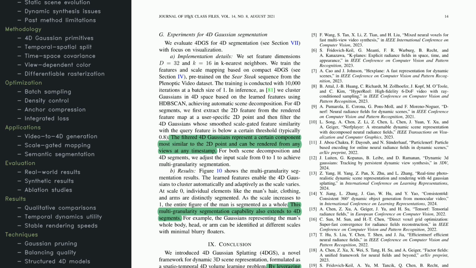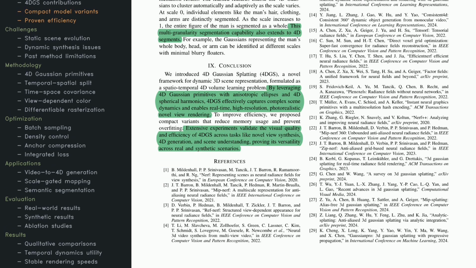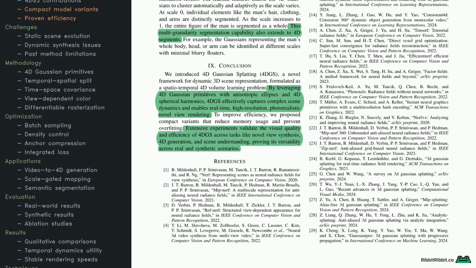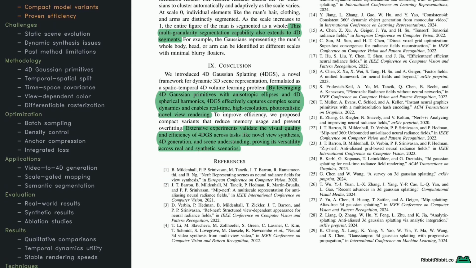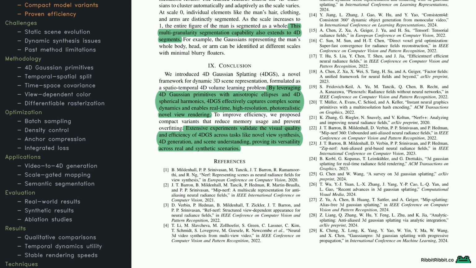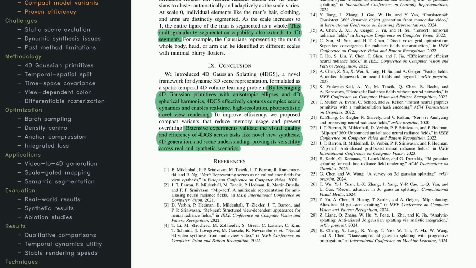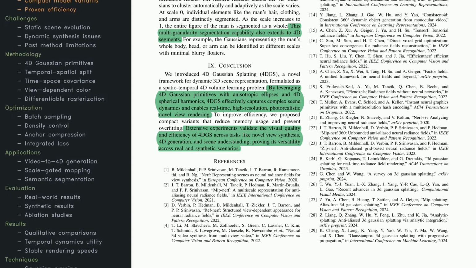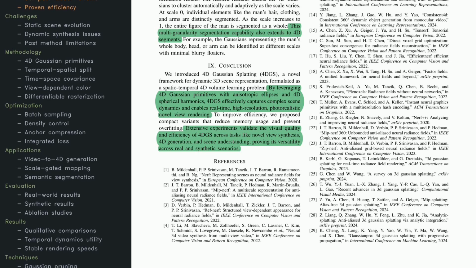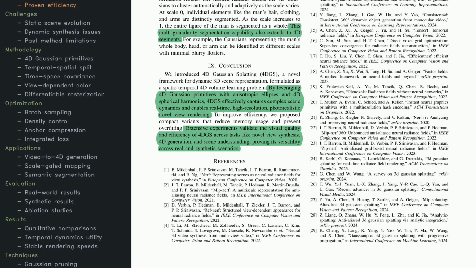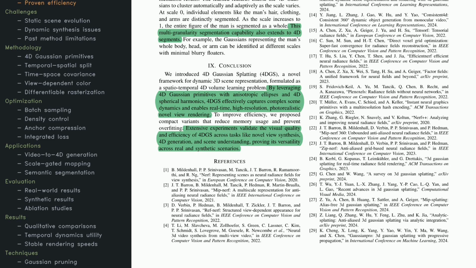Wrapping it all up, the paper introduces 4D Gaussian splatting as a way to represent dynamic 3D scenes in a spatio-temporal volume. By using 4D primitives with anisotropic ellipses and spherical harmonics, it becomes easier to capture moving, changing scenes with realistic quality, and do it quickly.